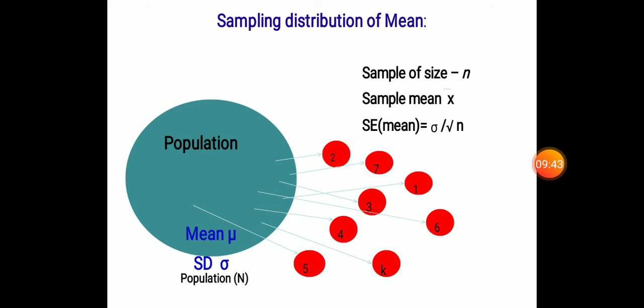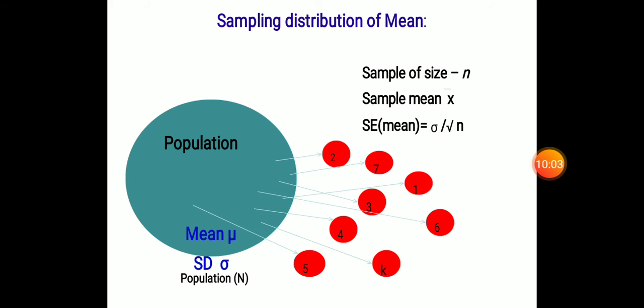Now, in those samples we are calculating the sample mean, like what you have done with the mean age of the samples you selected. Imagine that all these are mean ages of samples of this particular population.